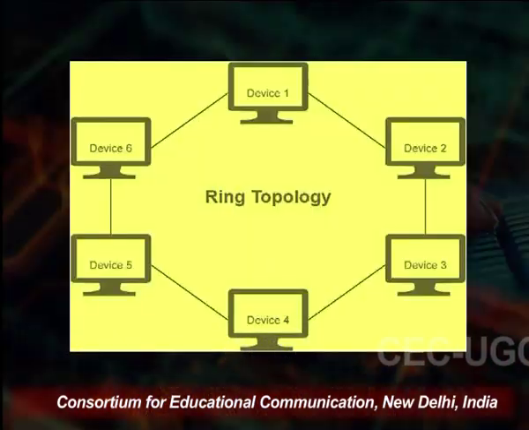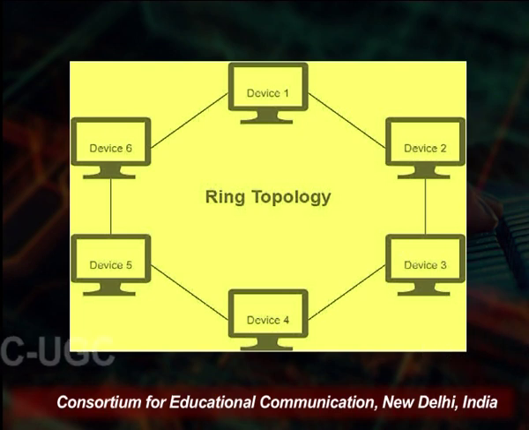Let us now move on to the ring topology. As the name indicates, it forms a ring connecting the devices, where each device has exactly two neighboring devices. Here is the figure of this ring topology.